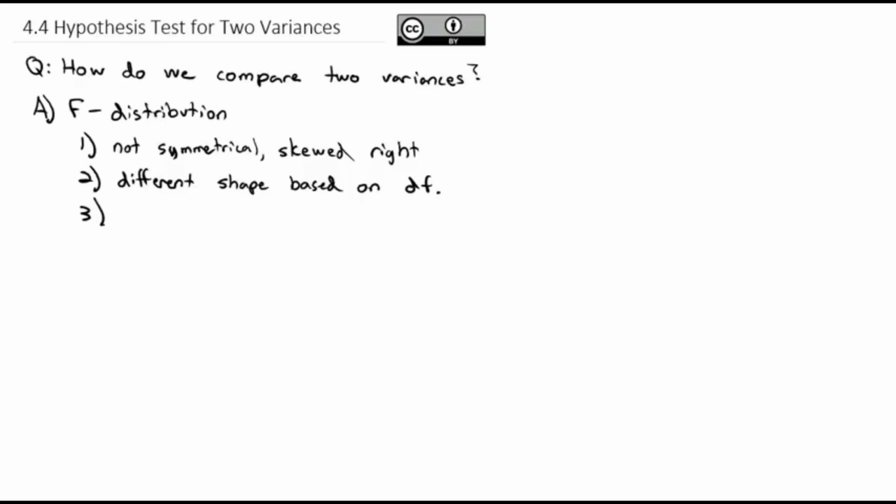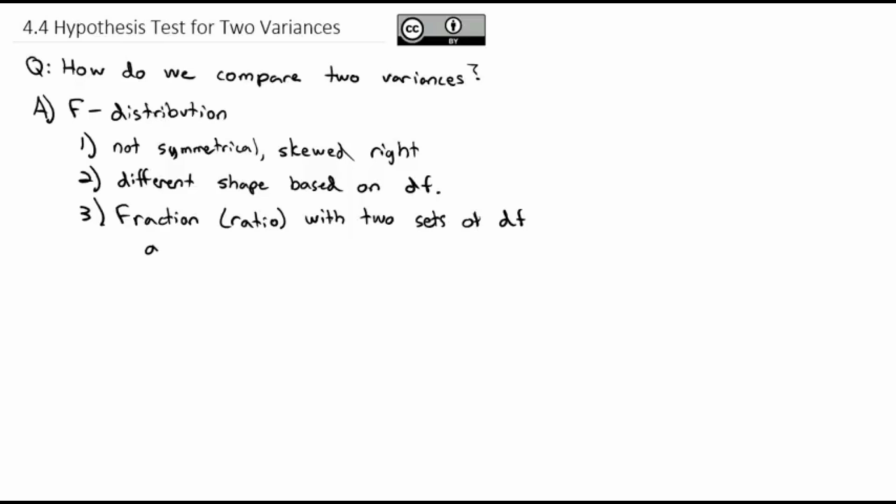In other words, we're going to have a ratio, or let's just go ahead and call it a fraction, with two sets of degrees of freedom.